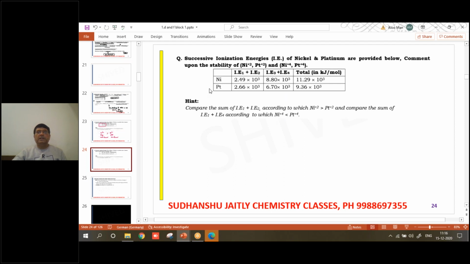Now see the total for removing 4 electrons from nickel and platinum. Nickel has more, platinum has lesser ionization. So for nickel +4 and platinum +4, platinum +4 easy means which one? More formed, stable, and the other is going to be very difficult.